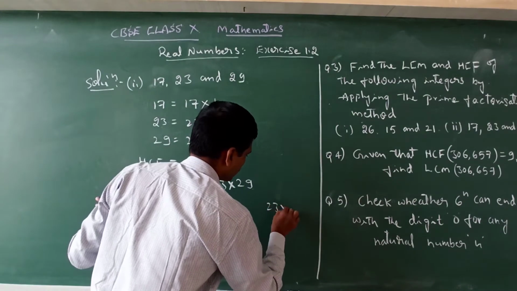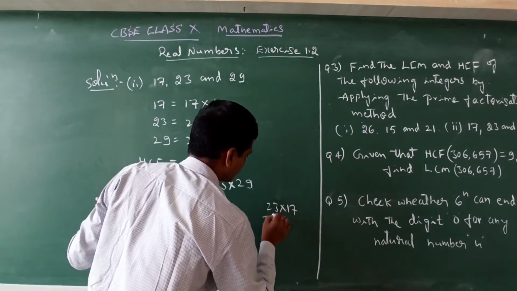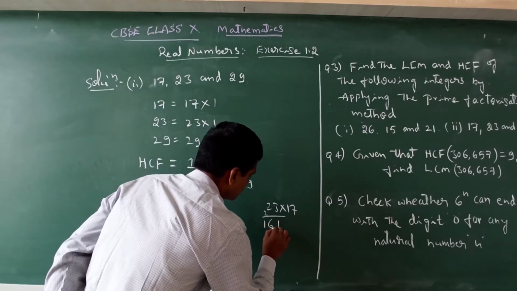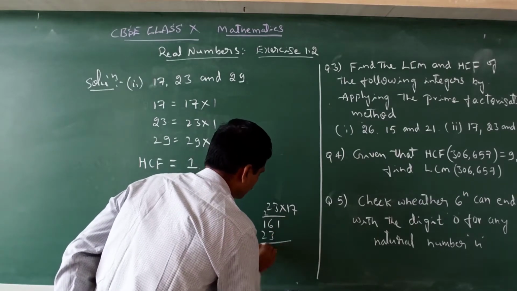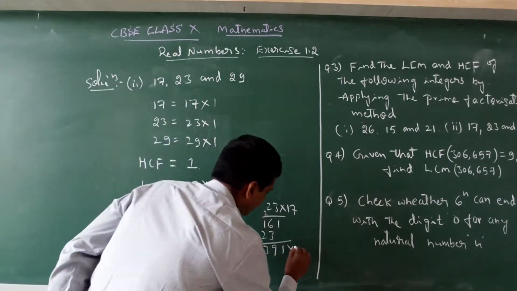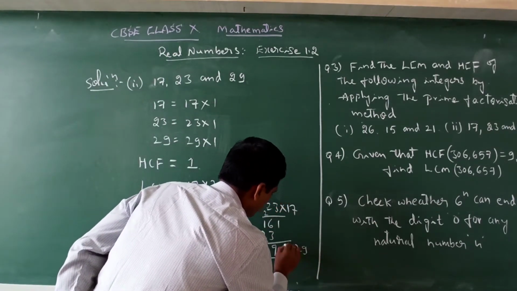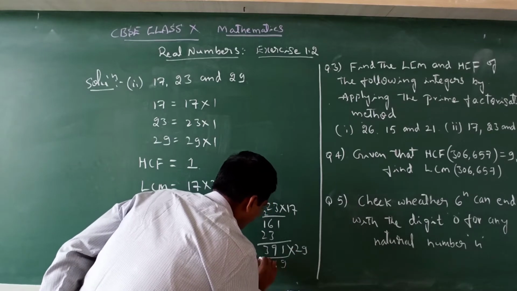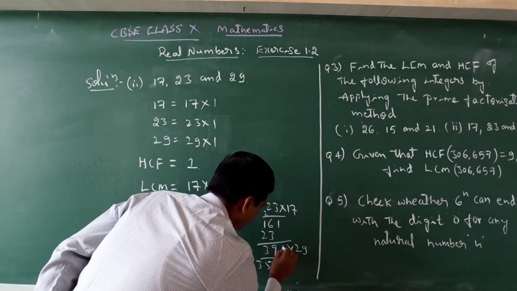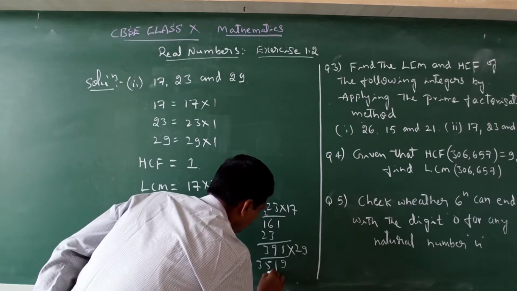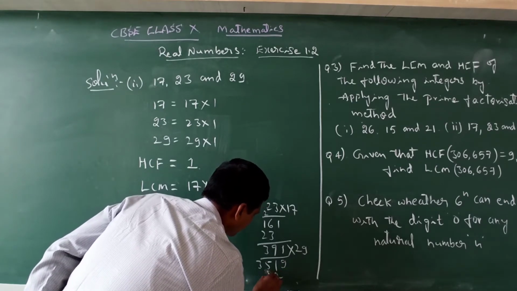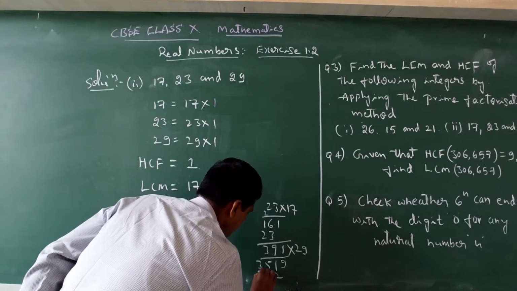Here I multiply: 7 nines are 63, 7 twos are 14, 14 plus 6, 20, and so on.